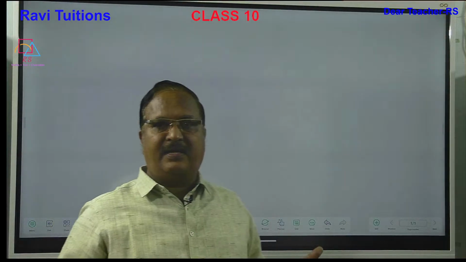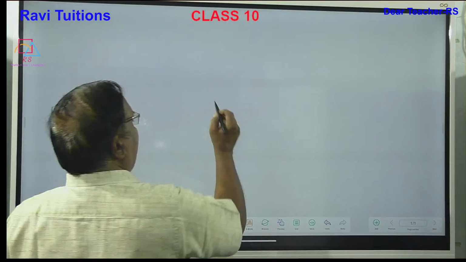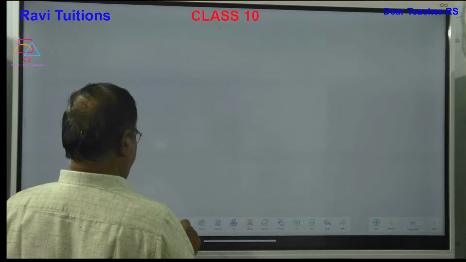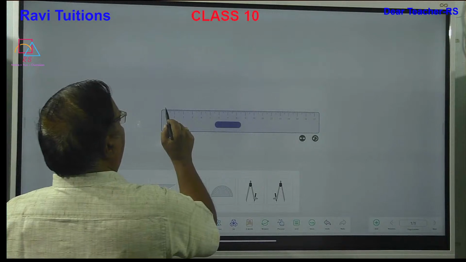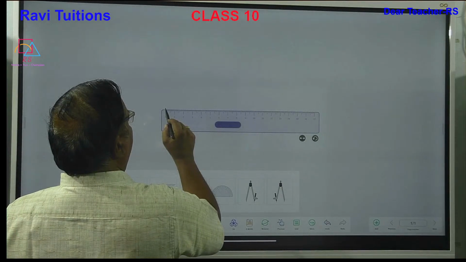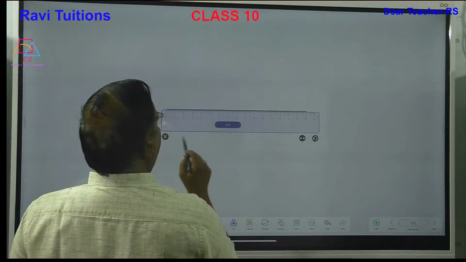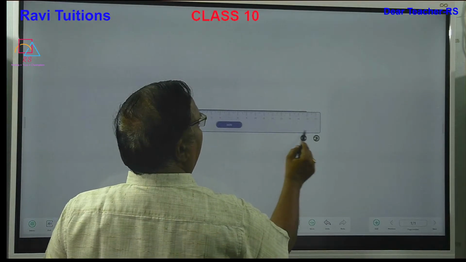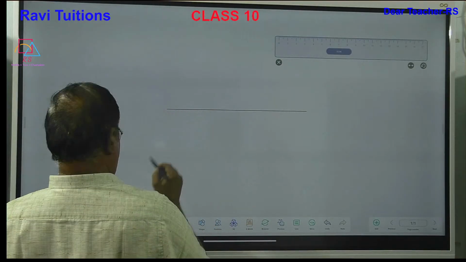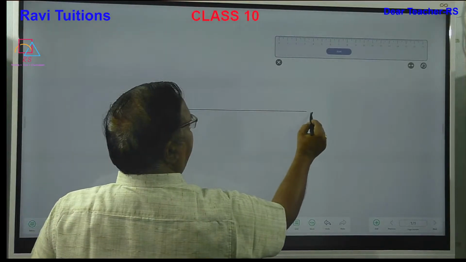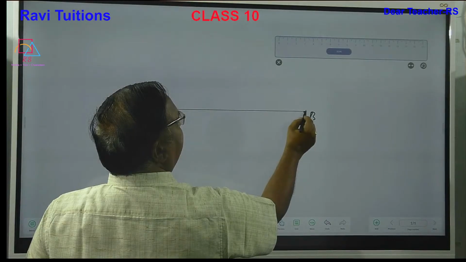Now, let us draw a line segment. Let me write A and B. A is a point and B is a point.